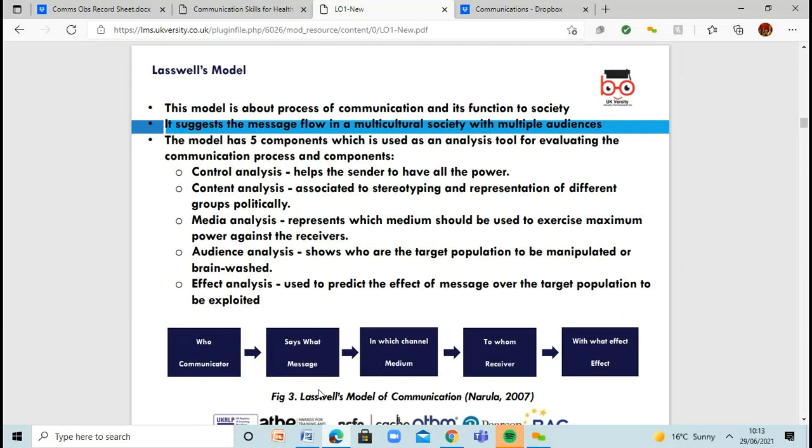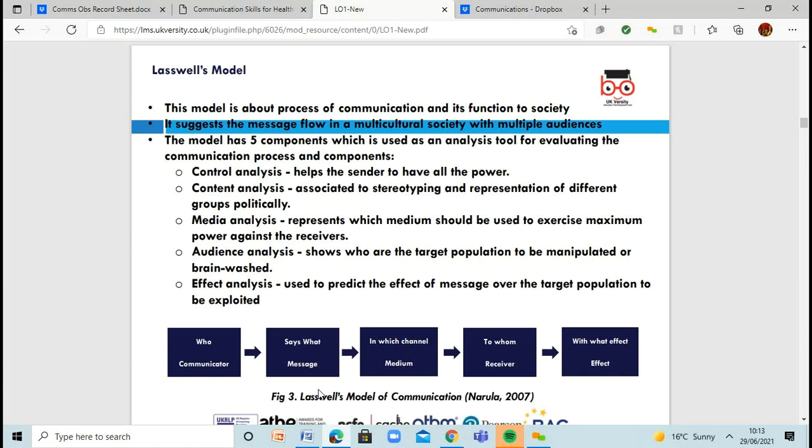Then we've got Lasswell's model. Lasswell also has five components: the communicator, the message, the medium, the receiver, and the effect. The person who is communicating, who's talking, is the communicator. The message is what they're actually saying. The channel is how they're actually saying it.